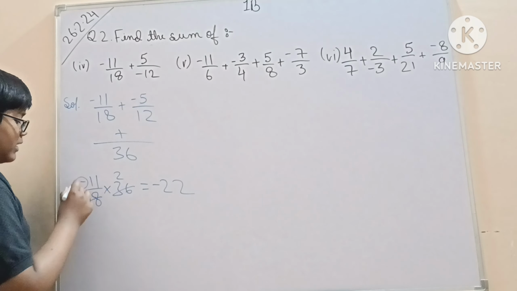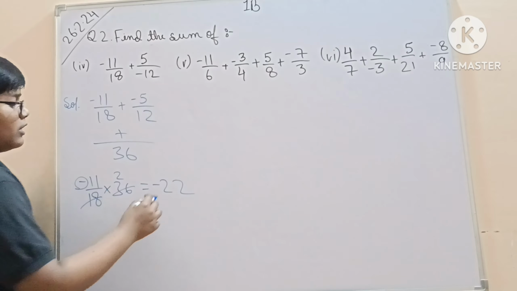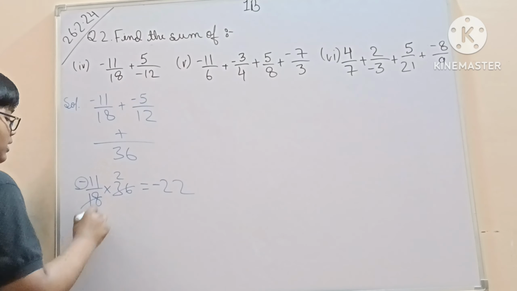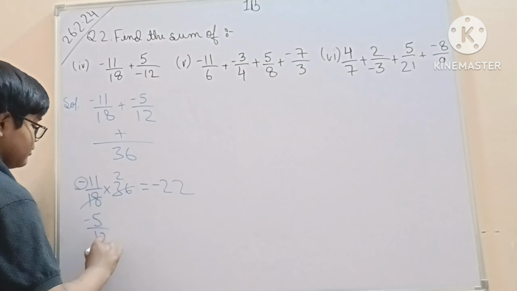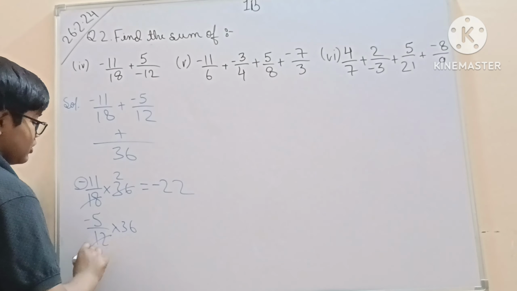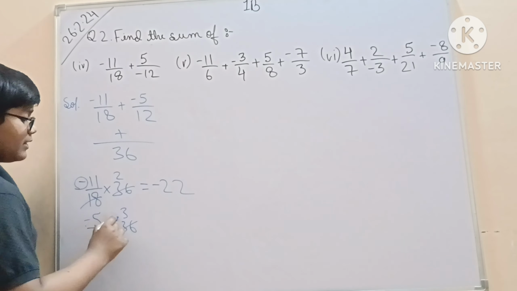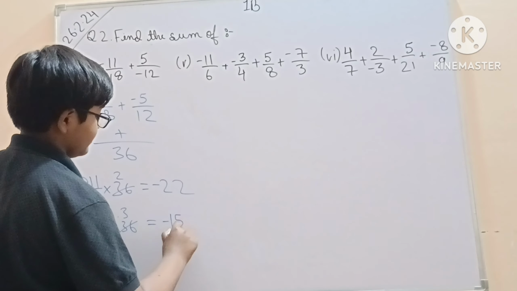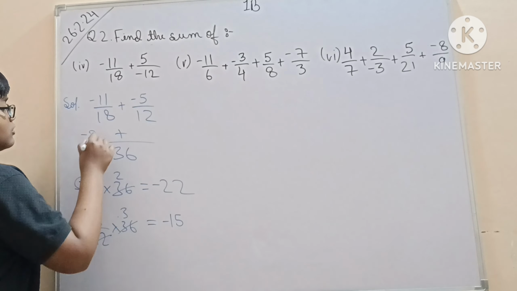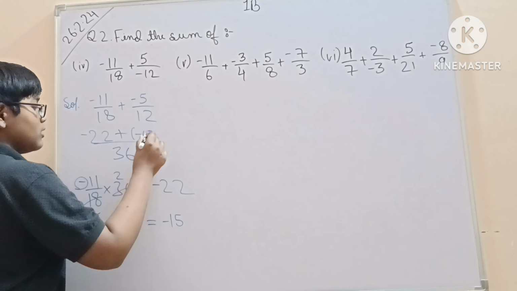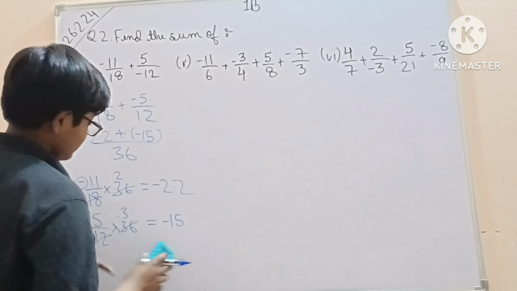Now as this minus sign is here, minus 11 into 2 will become minus 22. And minus 5 divided by 12 into 36. 36 divided by 12 will become 3, and minus 5 into 3 is minus 15. So now the digits to be written here are minus 22 and minus 15.